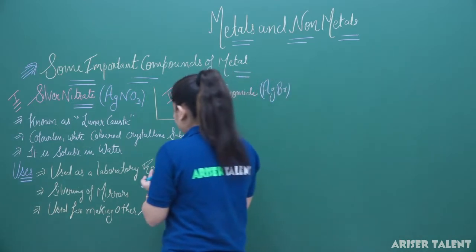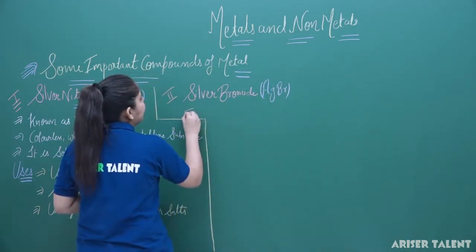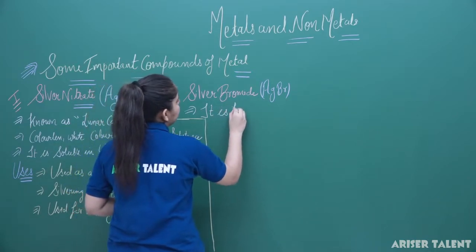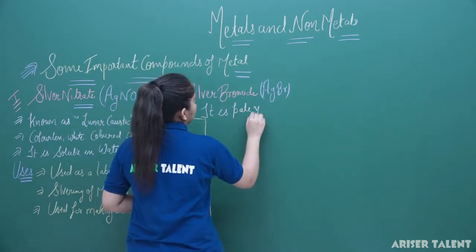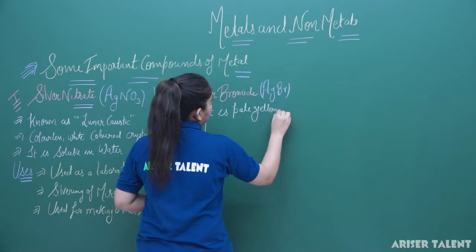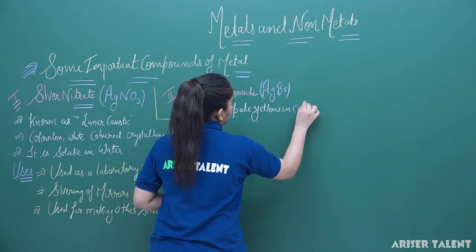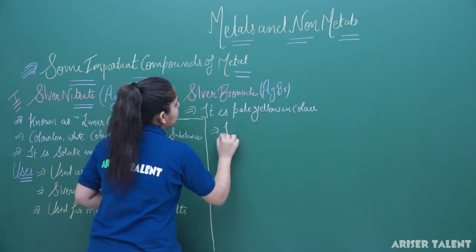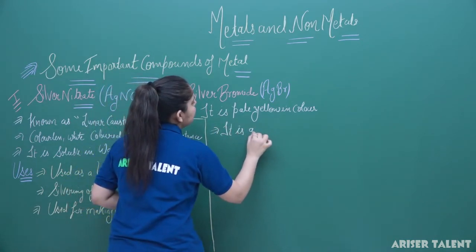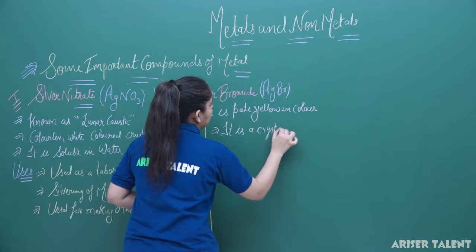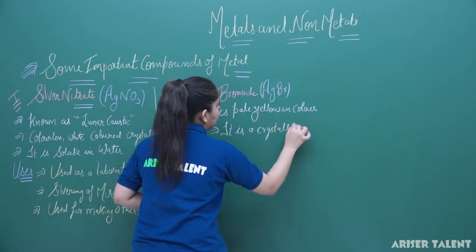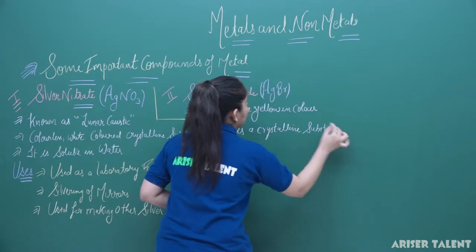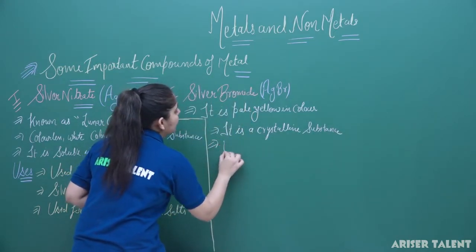So what are the general characteristics? It is pale yellow in color. Next, it is a crystalline substance, which is usually insoluble in water.